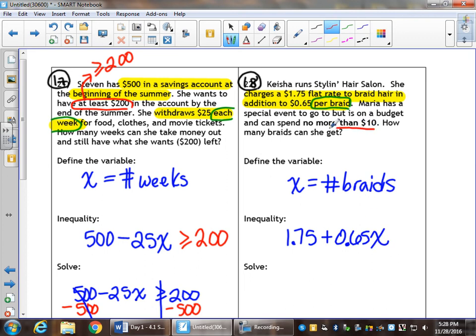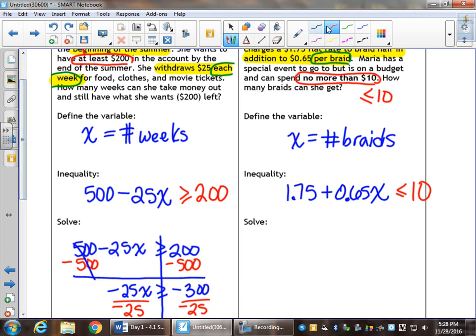No more than $10. You can spend no more than that. That is your limit. That would be less than or equal to 10. We have the inequality. Now we can solve.